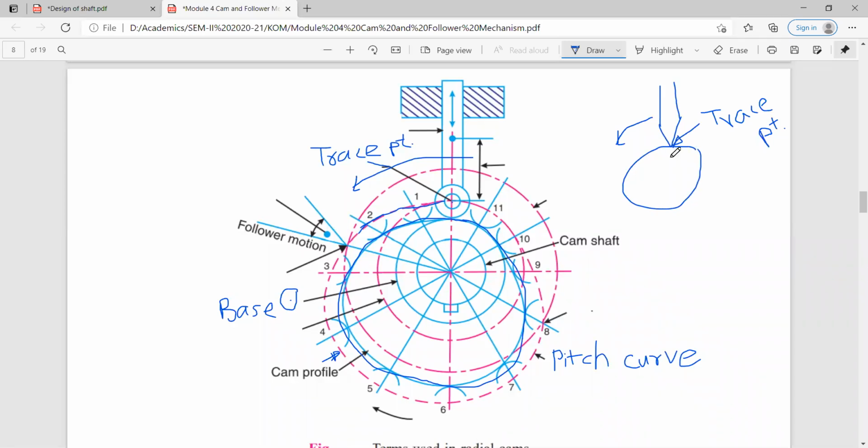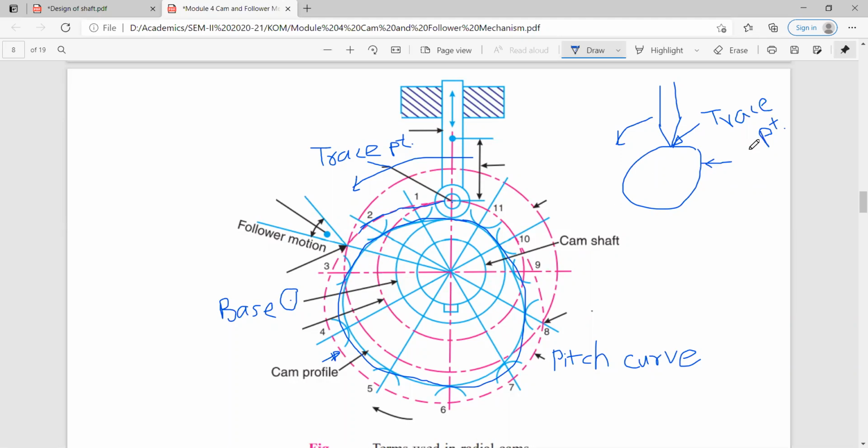So in the case of a knife edge follower, your cam surface, that is the cam profile, is directly the pitch curve.